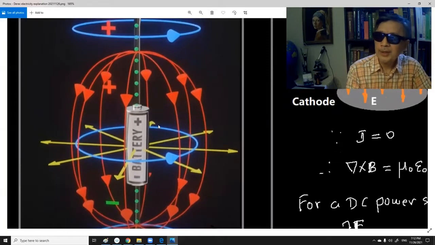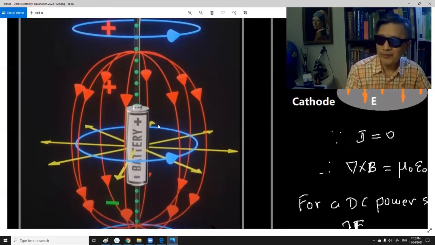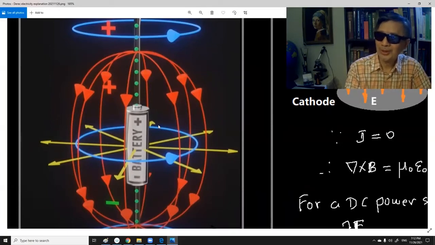But because that electric field is static, it is impossible to find a magnetic field if the power switch is open.